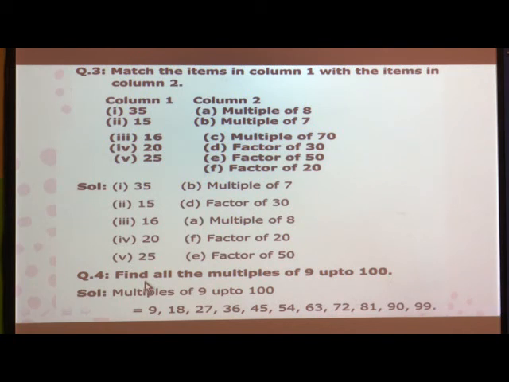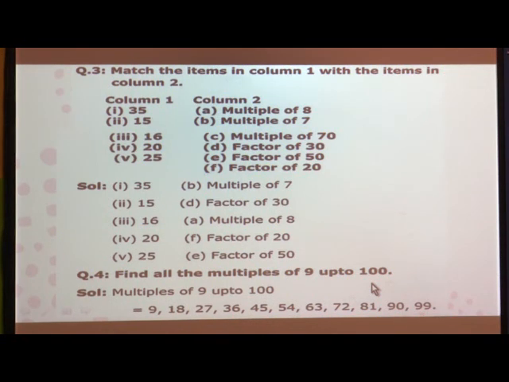Next, find all the multiples of 9 up to 100. Now, you have to find the multiples of 9. In the question it is said that you have to find the multiples of 9 till 100, means till you get 100 we have to solve the multiples.